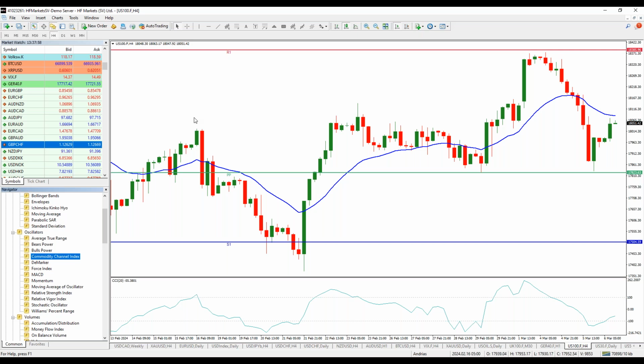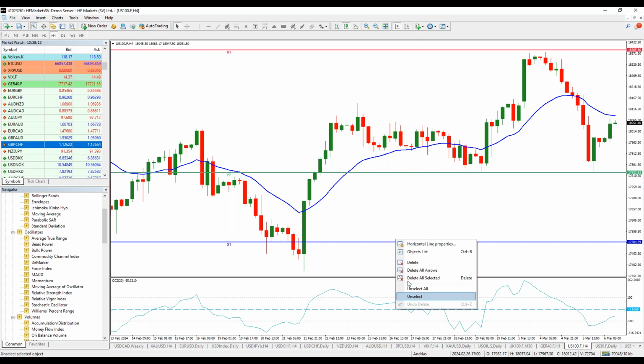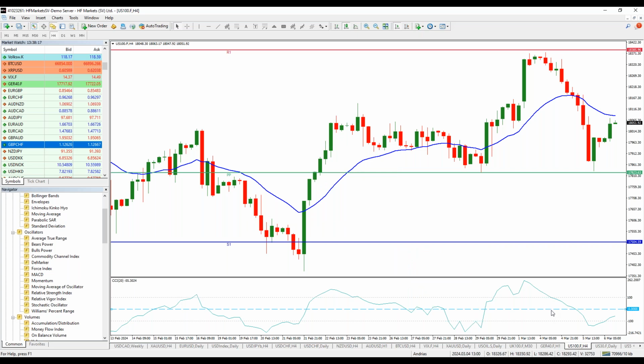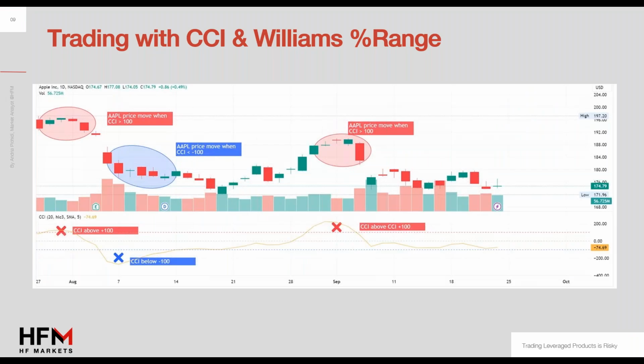And if you want to have a line in the center on the zero cross, the zero line basically, you just add a horizontal line on your indicator. So let me just set it to 0. Here we are. It's pretty straightforward, I think. Let me know if it's not.